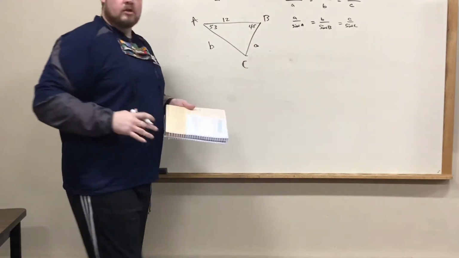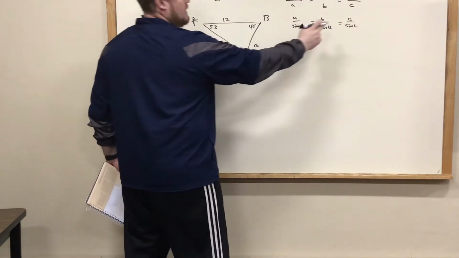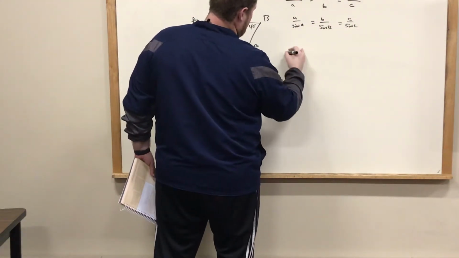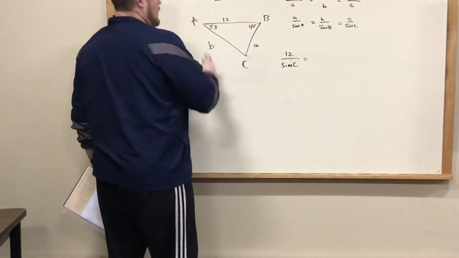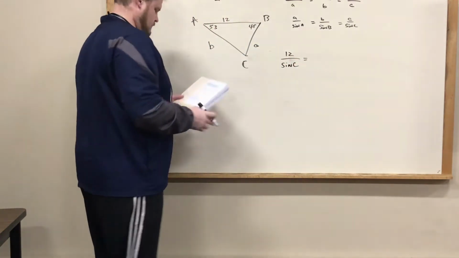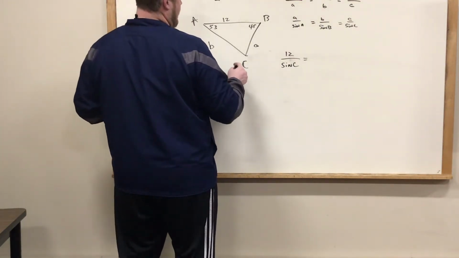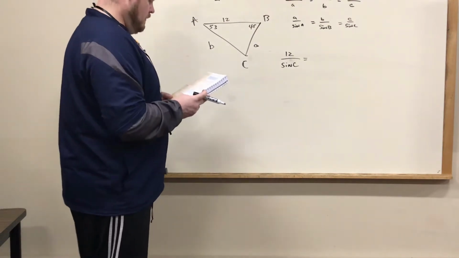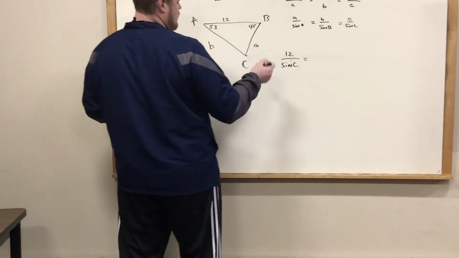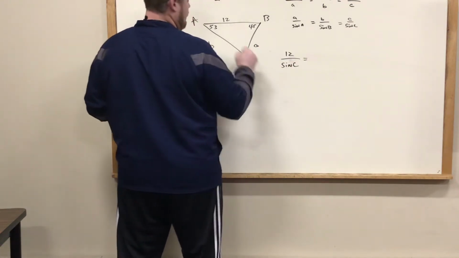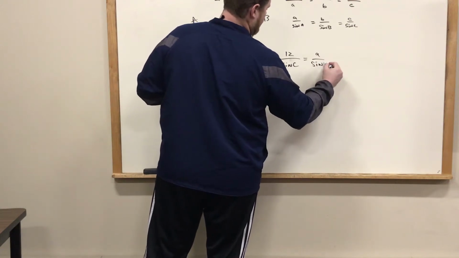So here we go, we're ready. Across from C is 12, right? So we're going to do 12 over sine C. Now, what do we have? We have a over sine 53.